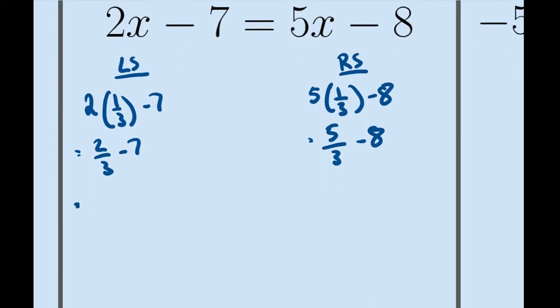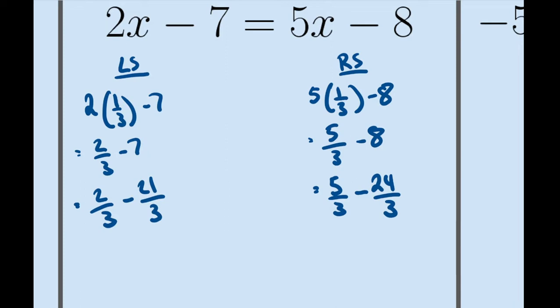In this case, 2/3 minus 7 as an equivalent fraction becomes 21 over 3. On the right side, minus 8 as an equivalent fraction becomes minus 24 over 3.